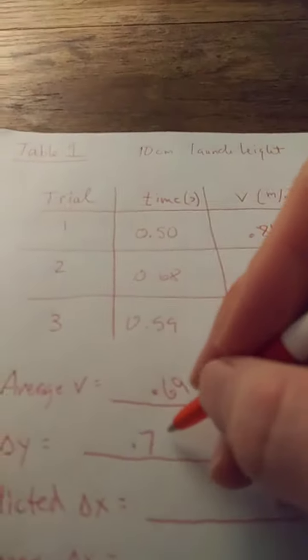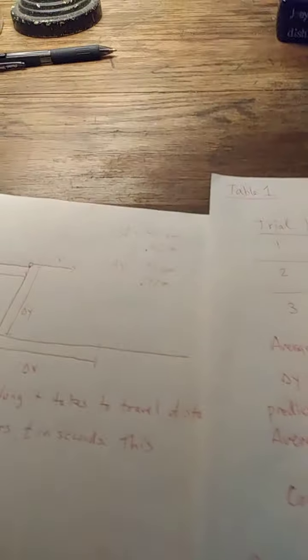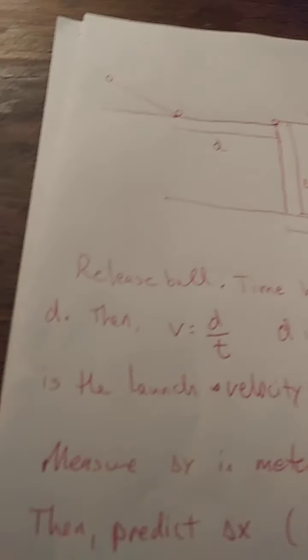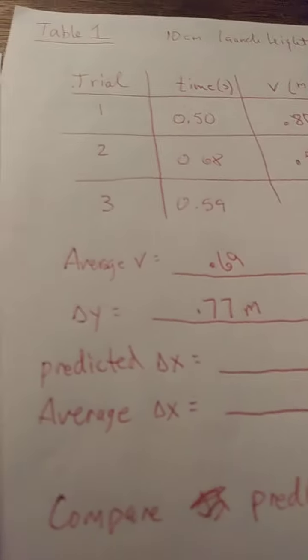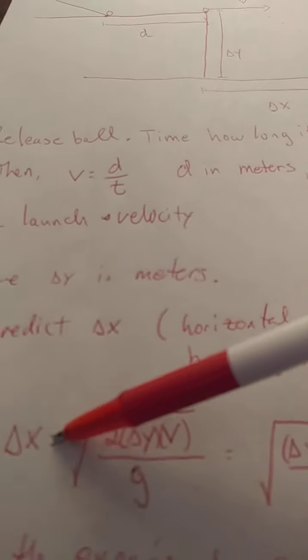Okay. Now delta Y was what we measured, 0.77. Predicted delta X. Now that's where I'm going to take my average V and plug it into this equation here.